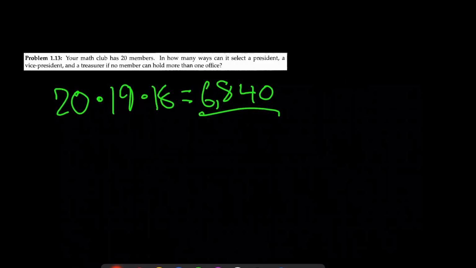And now let's try generalizing this problem. How many ways can we arrange n different books where n is a positive integer? Well, this is like a generalized way to do this. So there are n choices for the first book, but then once you place the first book, there are n minus 1 books remaining.